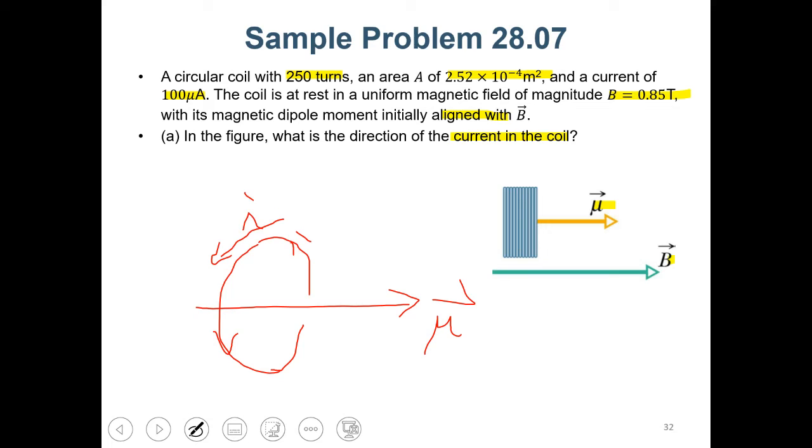So this is the front, this is the back. I just draw it like this so that you know this is the back, because it's hard to draw 3D stuff in a 2D way. So this is the front.